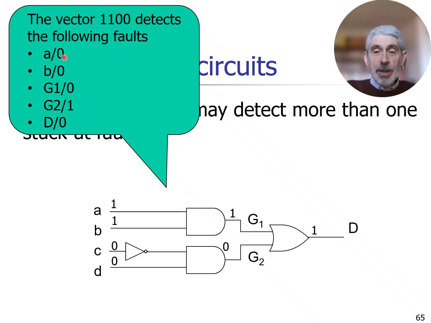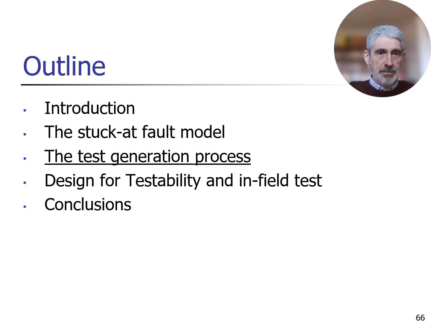In particular, you can try yourself, and you will discover that these 5 stuck-at faults are all detected by this single test vector. Okay? This is an important observation because we can use it to reduce the number of test vectors required to test all or most of the stuck-at faults existing in a circuit.